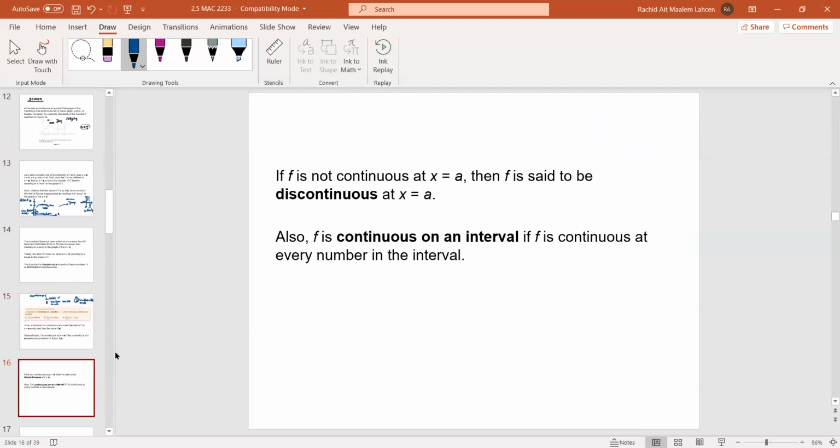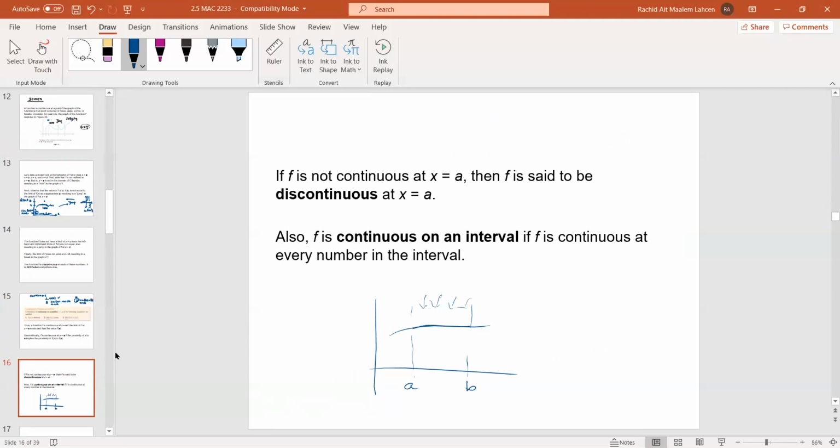All right, so if f is not continuous at x equal a, then it is discontinuous at x equal a. And of course, we say it's continuous over some interval a, b, if it is continuous at every point over the interval.